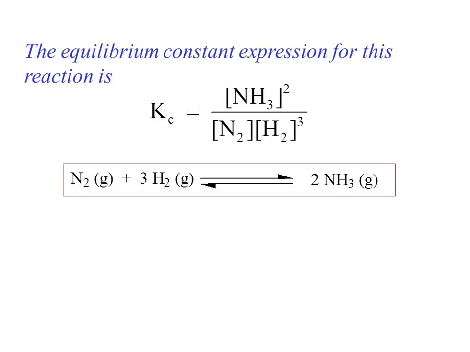Change here. Again, I'm going to put 0.079 moles per liter of N2 over 1. The relationship between N2, we have 1 mole of N2 for every 2 moles of NH3. Cool.